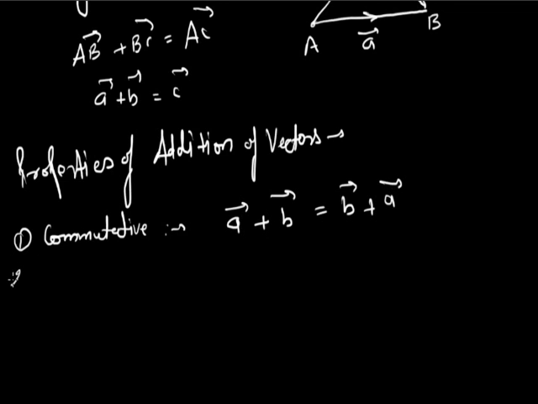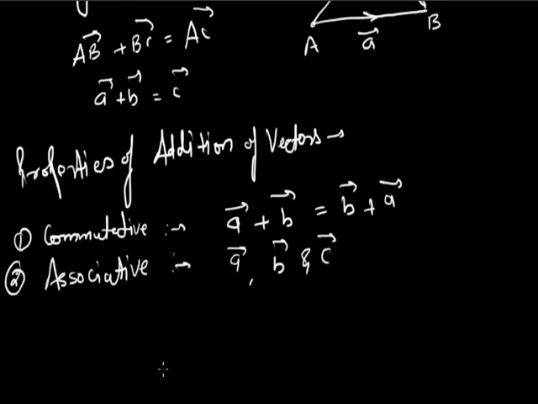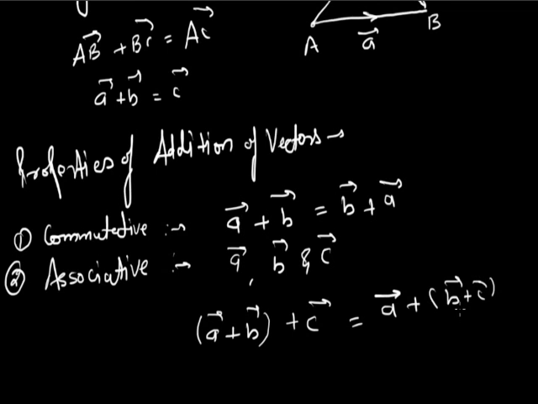The second one is associative. Associative means let's consider three vectors, a vector, b vector and c vector. Now add the three vectors. First of all add the a vector and b vector, then add with the c vector, which is equal to a vector added with the b vector plus c vector.